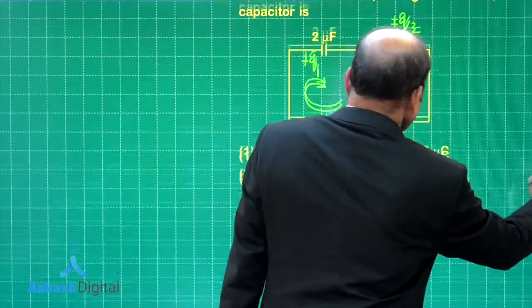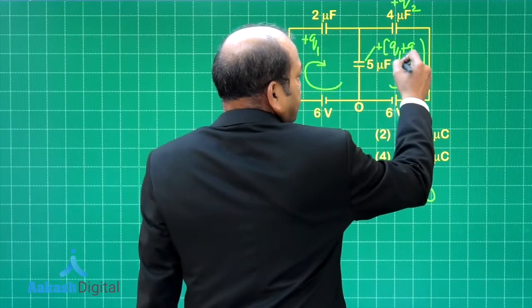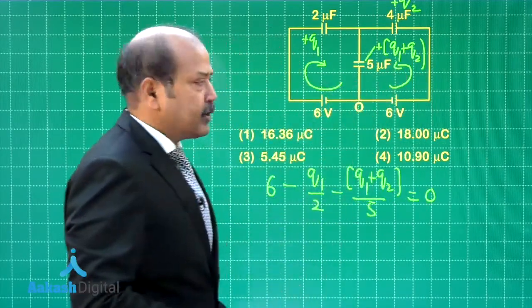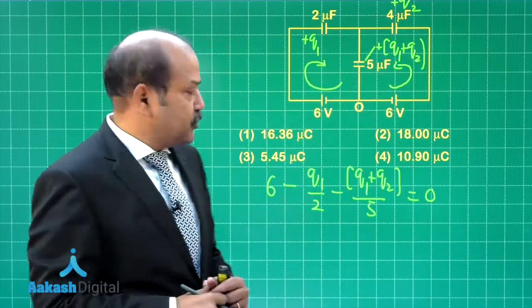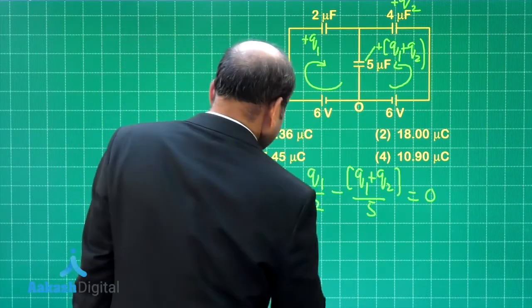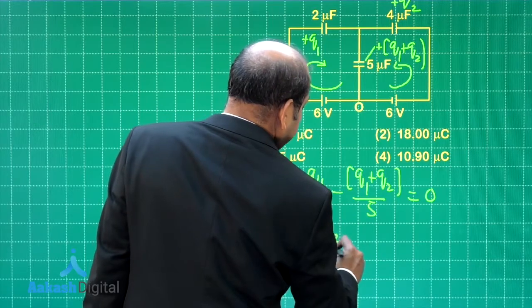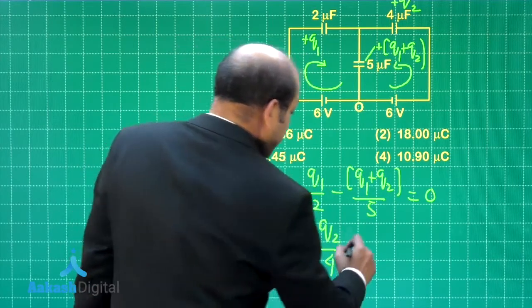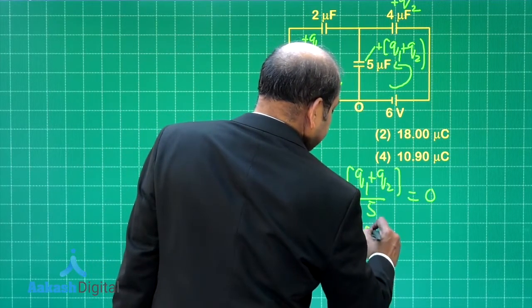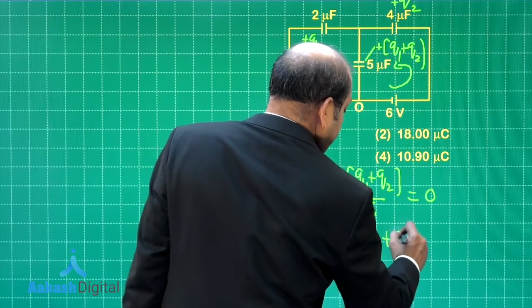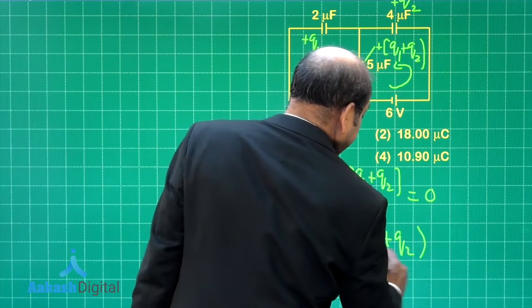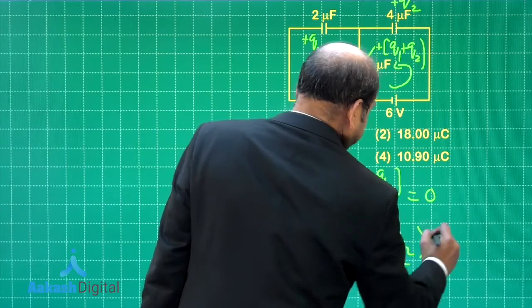Similarly, if we traverse the other loop in the anti-clockwise sense starting from point O, the equation is 6 minus Q2 divided by 4 minus (Q1 plus Q2) divided by 5 equals 0.